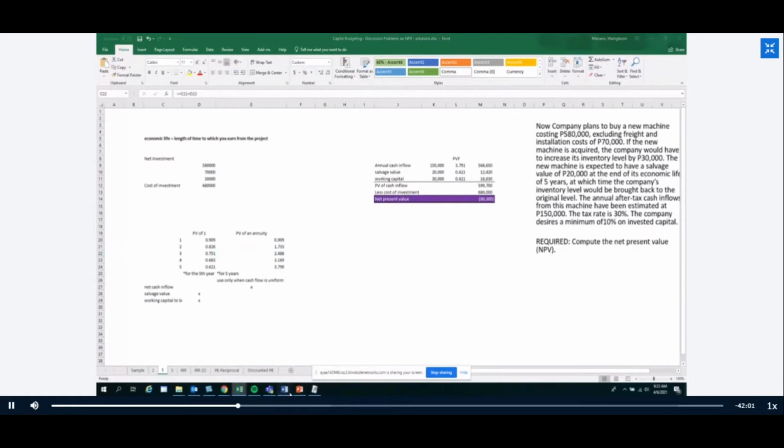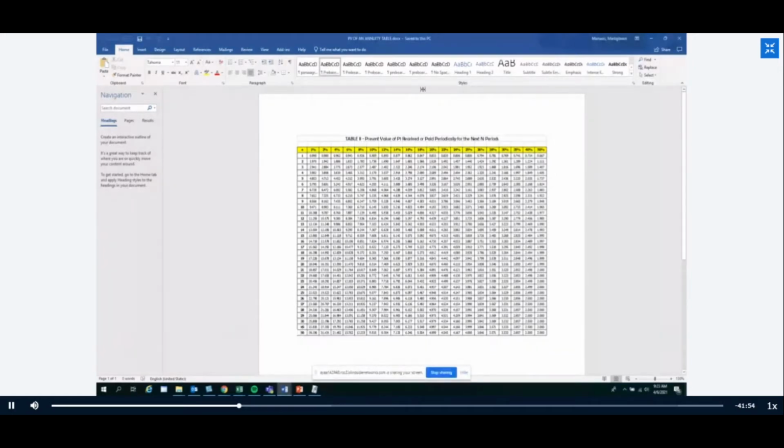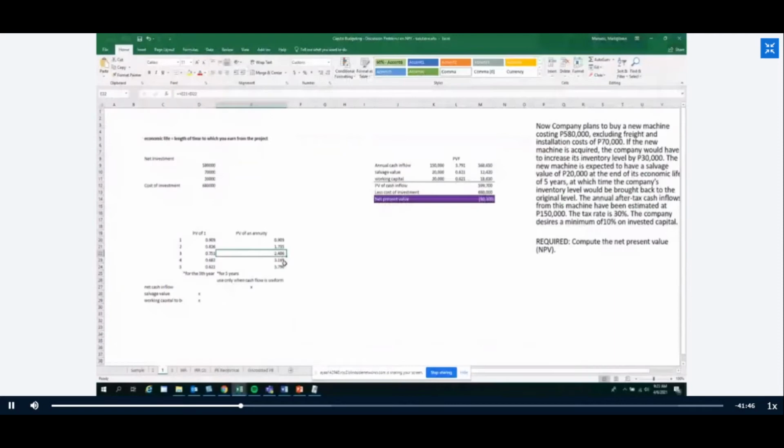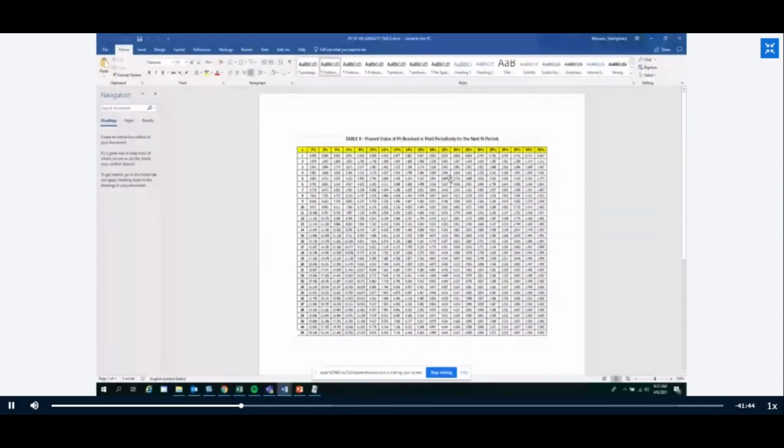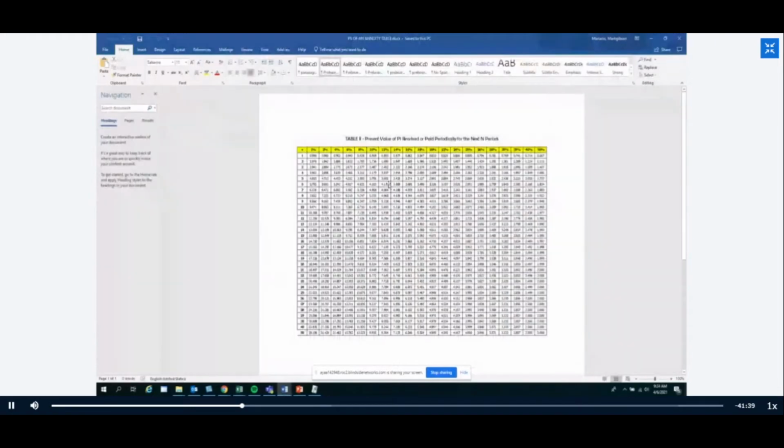Pero like I said, provided din yan dun sa table, no? So 10%, sorry, this is okay. Annuity, so we have 0.909, 1.736, 2.487, okay, 3.169 or 3.170 in this case, and then 3.790 or 3.791.